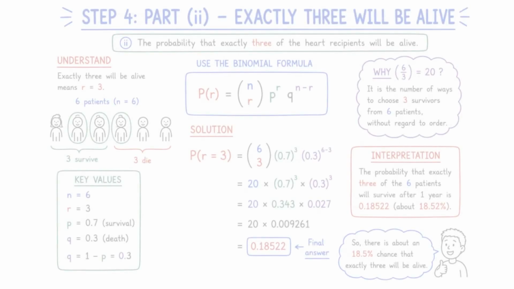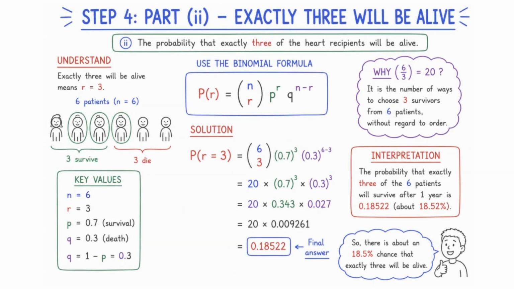The next question asks for exactly 3 survivors. Exactly means no more and no less. So R equals 3. Again, substitute into the formula. The combination 6 combination 3 equals 20 after calculation.